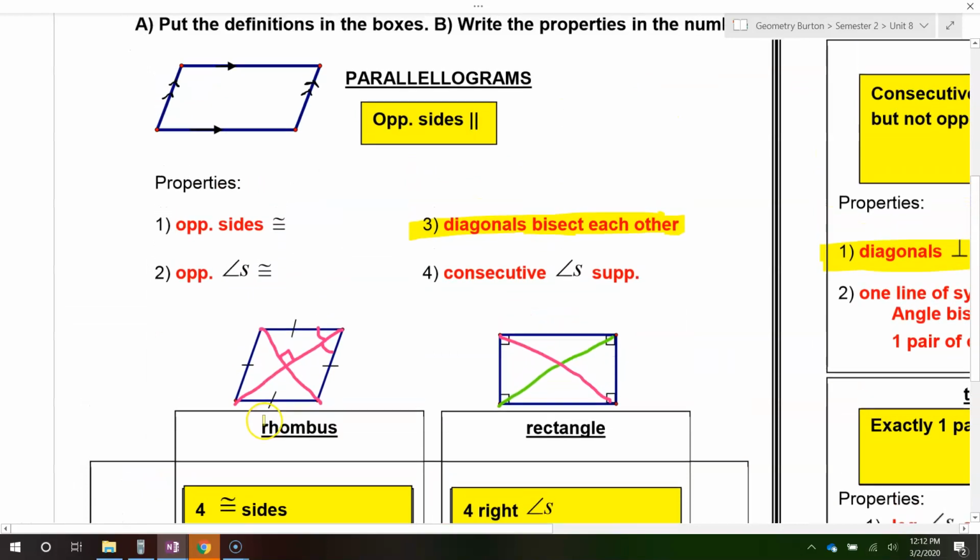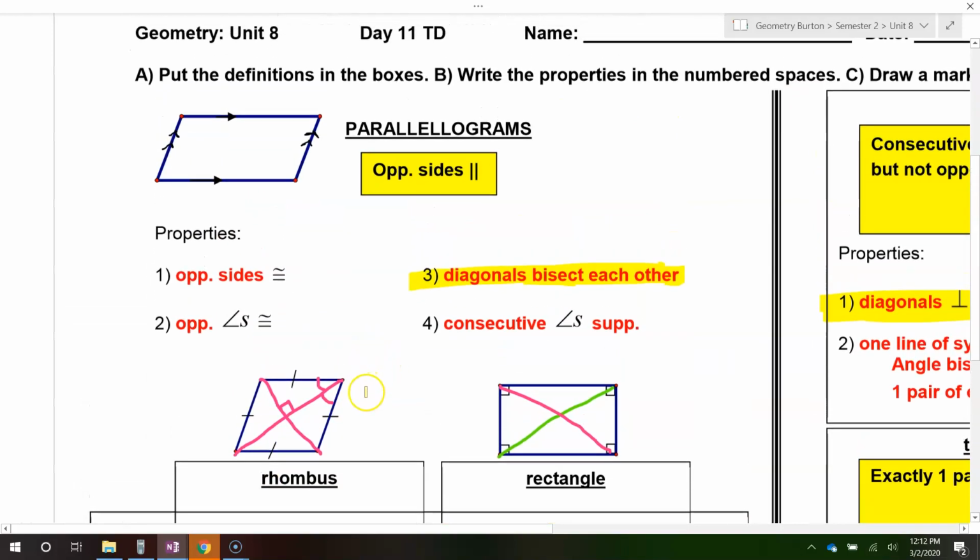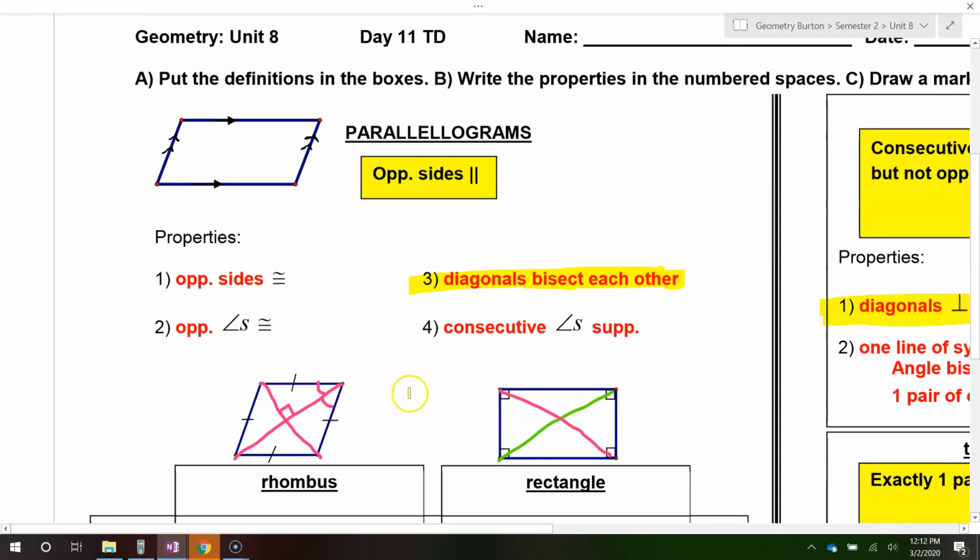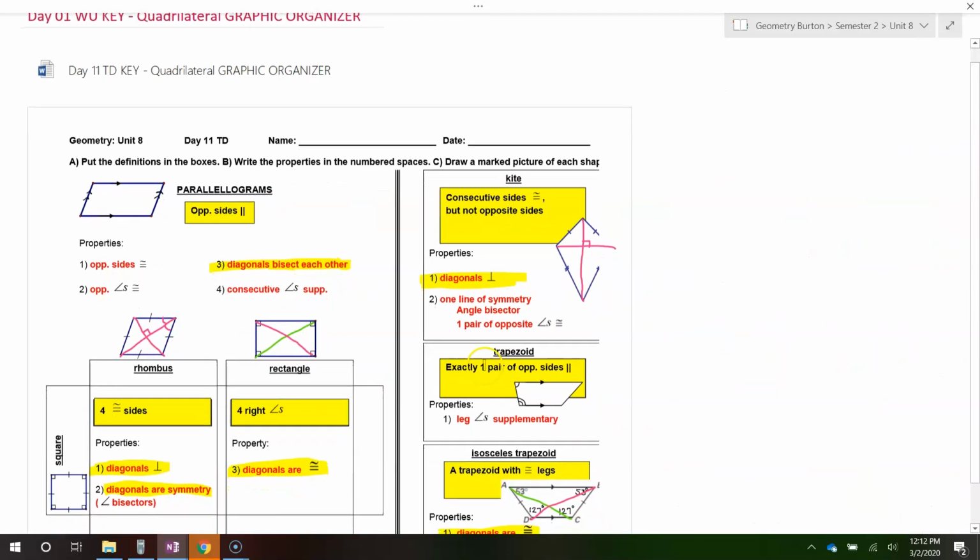The part about bisecting each other is because, remember that everything on the left side of the page is a parallelogram. So a rhombus is a parallelogram, a rectangle is a parallelogram, and a square is a parallelogram. So this one property up here that says diagonals bisect each other applies to a parallelogram, but that's going to apply to rhombus, rectangle, and square as well.